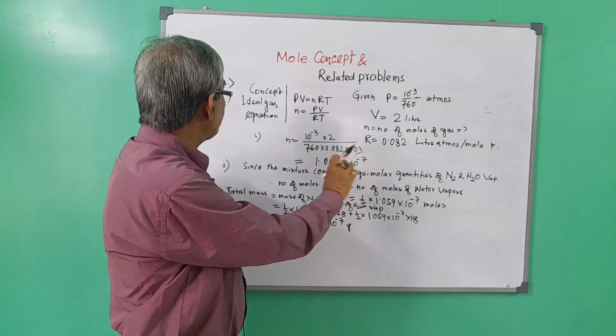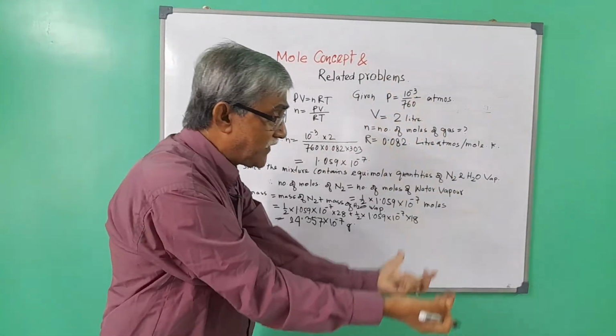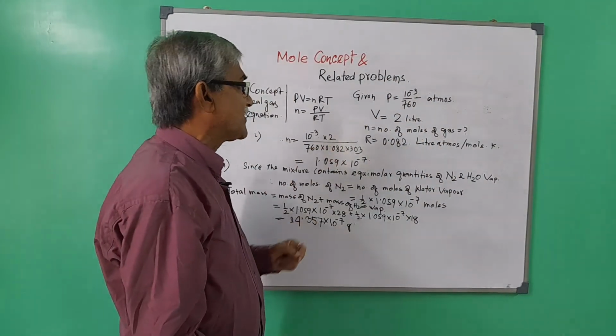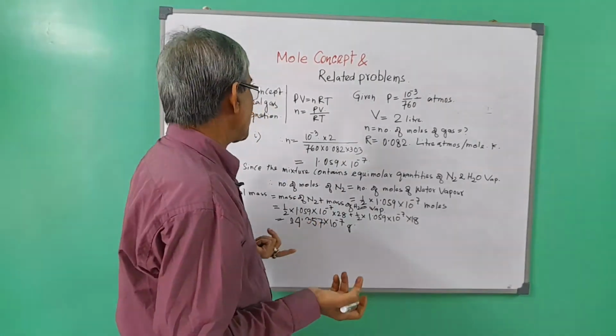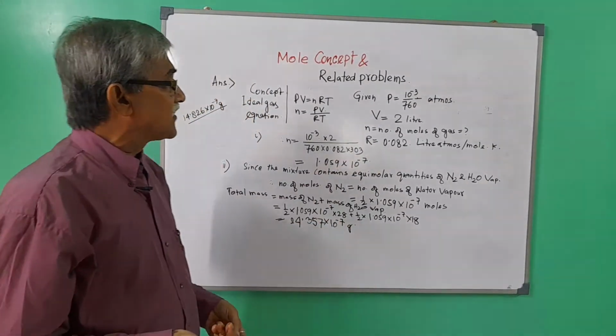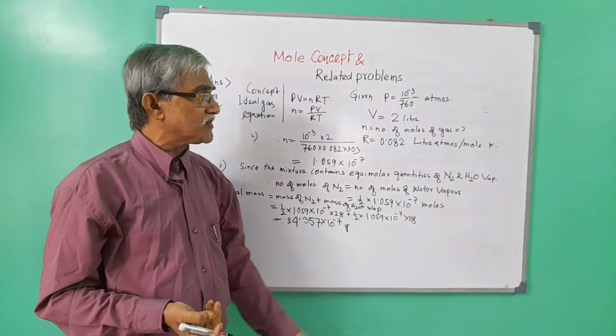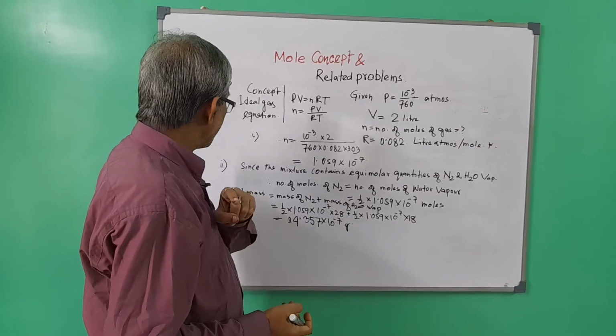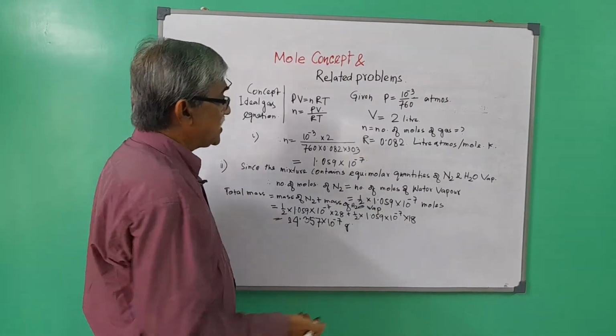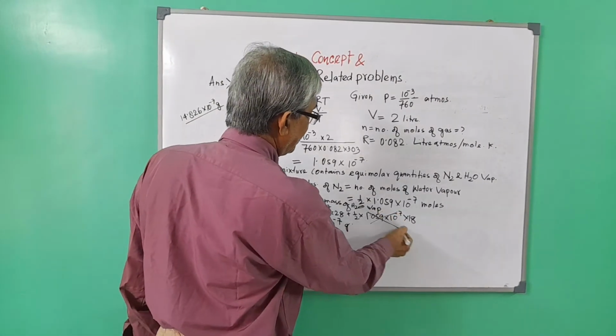Now the last part of the question was, if the gas mixture is cooled down to minus 50 degrees Celsius, what will be the mass of it? My friends, it is quite clear that at minus 50 degrees Celsius the water vapor will condense to water. That doesn't constitute the gaseous mass, so this part will be nullified.